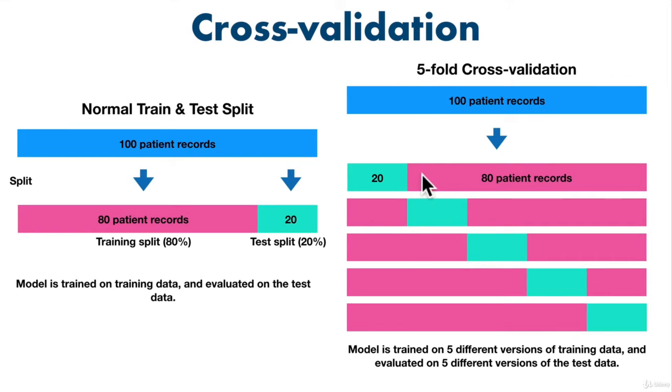And what it's going to do is create 5 different versions of training data and 5 different versions of the test data, and then evaluate different parameters. Remember, because we're doing hyperparameter search, evaluate different hyperparameters on all of these different versions of the training and test data, and work out which set of parameters or hyperparameters is best across these 5 different splits, rather than just being one single split.